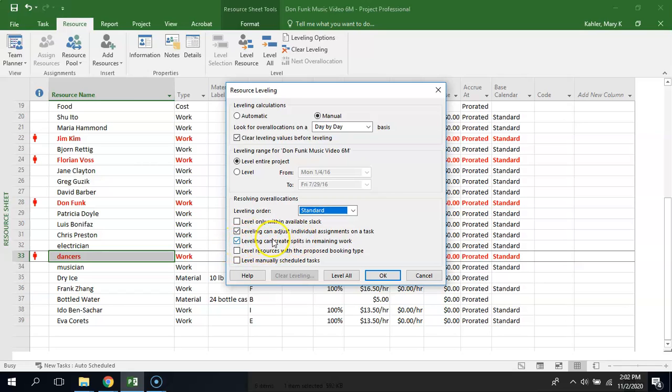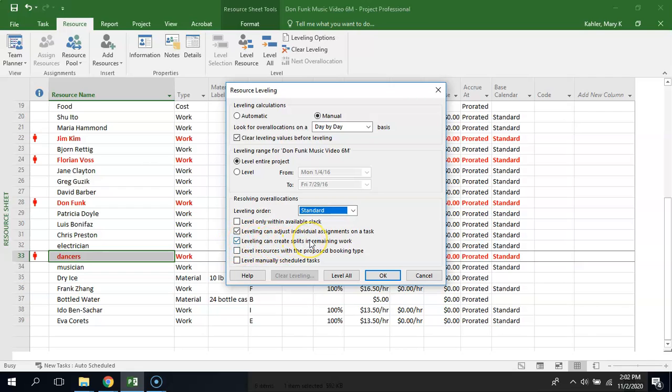Create splits in remaining work checked. So this is going to allow Project to, remember when we split a task last week, or maybe 2 weeks ago? I think it was 2 weeks ago. Remember that when we split a task we just basically took a day or two as a break?